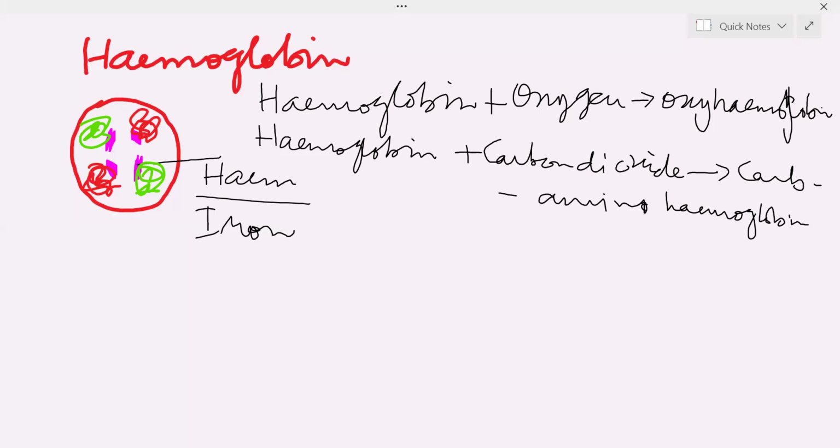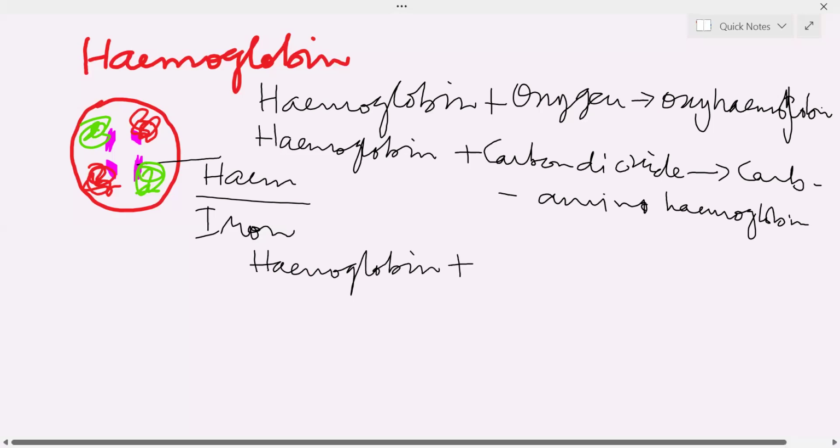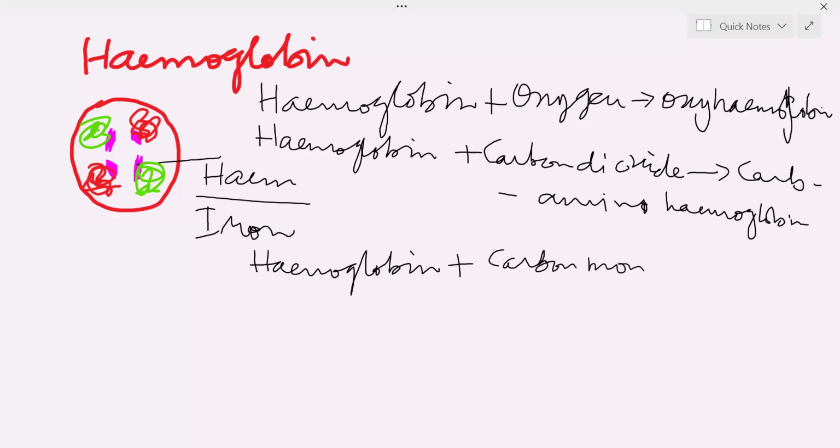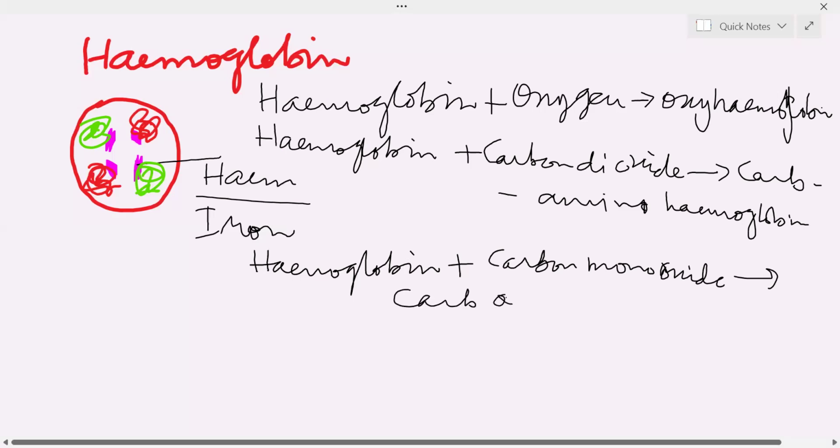Third is when hemoglobin binds with carbon monoxide, it makes carboxyhemoglobin.